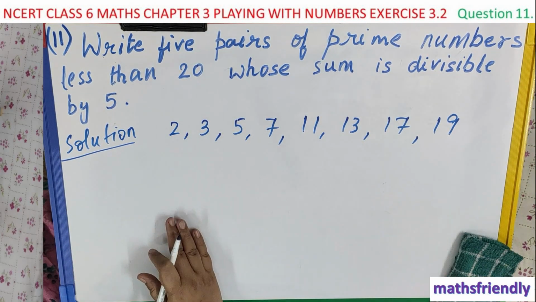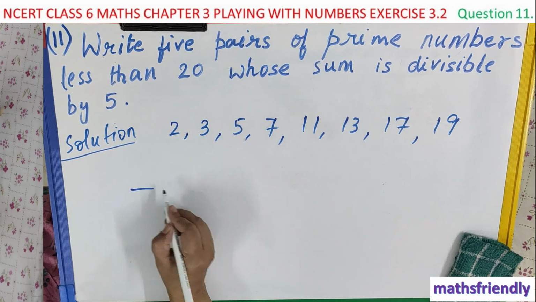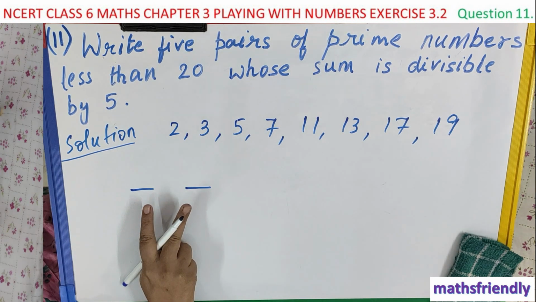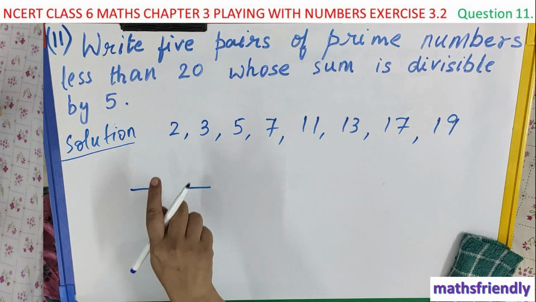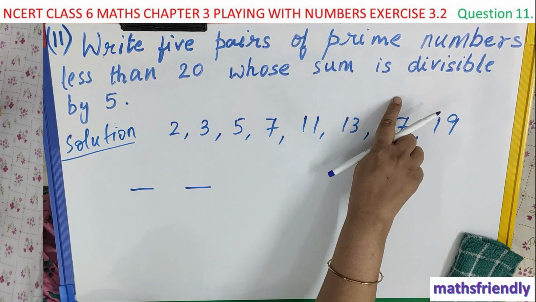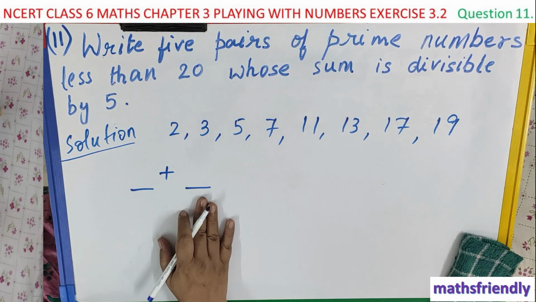Now, write 5 pairs of prime numbers; a pair means 2 numbers. So we will use 2 prime numbers less than 20 whose sum is divisible by 5.